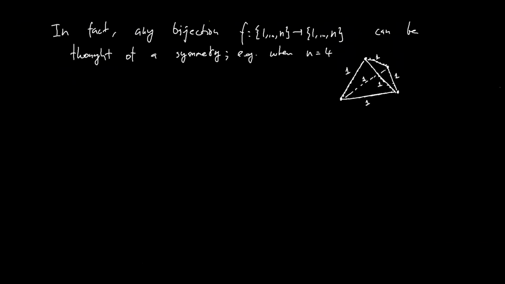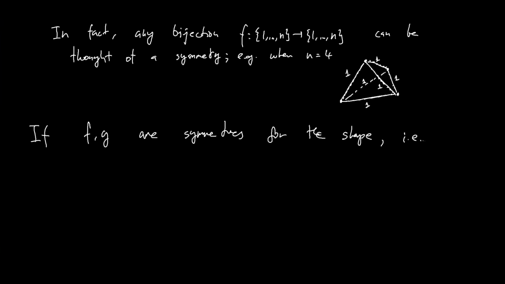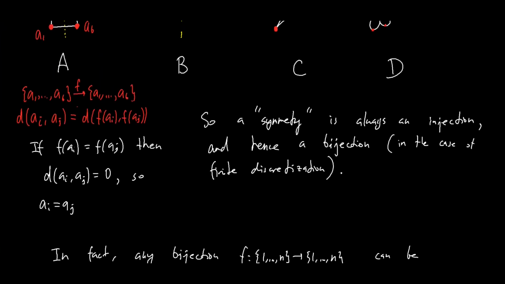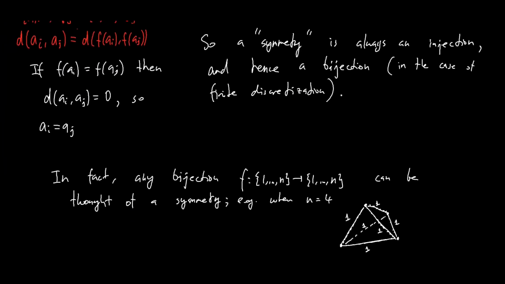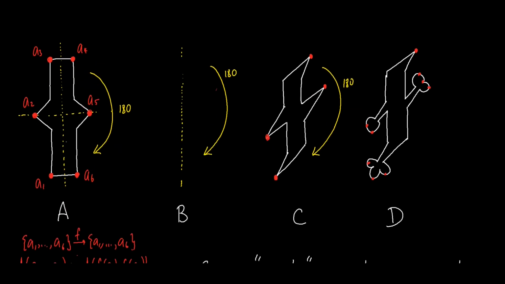So if you've got the functions f and g, so if f and g are symmetries for the same shape, which means that that set on which there are bijections, that set has some distance function associated to it, so it represents the discrete version of the geometry of the shape.